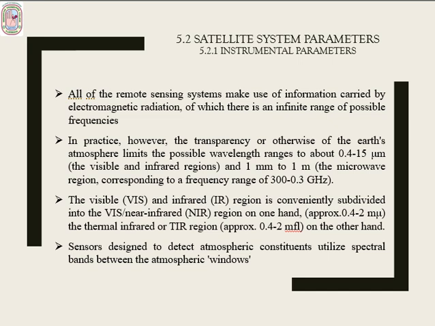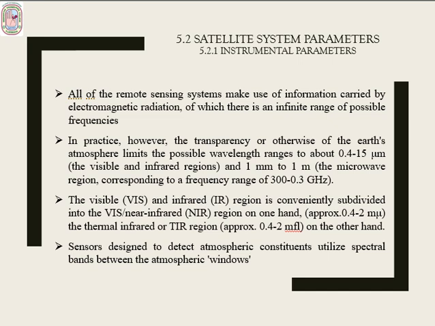And polarization is especially used in microwave systems, which helps distinguish between surface types. Radiometric sensitivity measures the system's ability to detect subtle energy differences. The higher sensitivity means a lower minimum detectable signal. Limited by the data digitization and bandwidth, the radiometric sensitivity is a very important parameter.